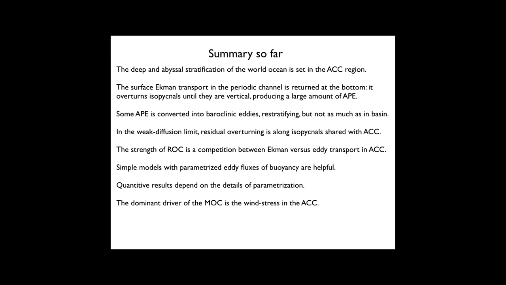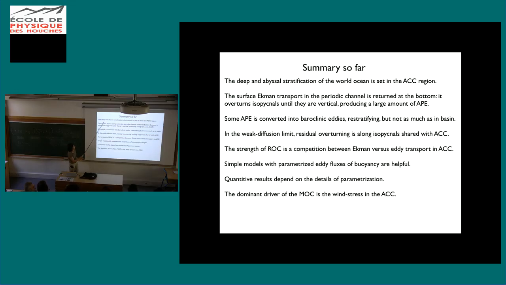Okay, so I hope I've convinced you that the stratification in both the mid-depth and the abyss is set in the ACC region. And that's because the surface Ekman transport is returned very deep, and so it overturns isopycnals until they are restratified by the eddies, but the eddies are not very efficient at that restratification.